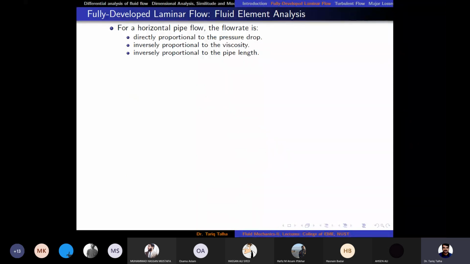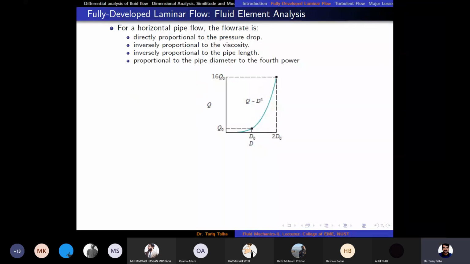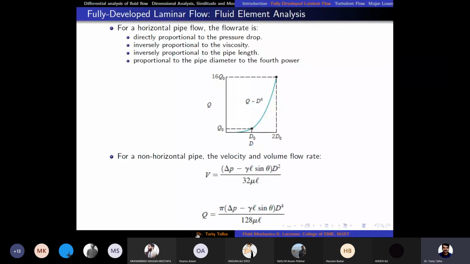If the pipe is at an angle, then there would be a component of weight of that fluid element, which is gamma L sine theta. We can repeat this derivation again, where theta is the angle the fluid element makes with the horizontal axis. Gamma is the specific weight, which we discussed in FM1 also, if you remember.